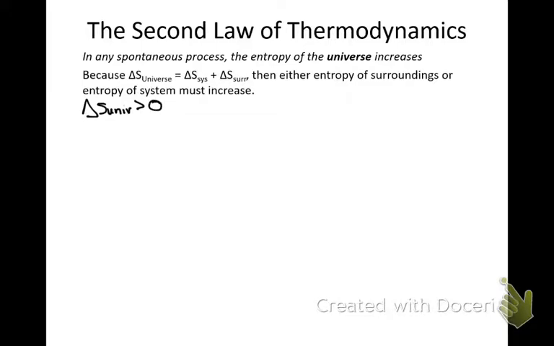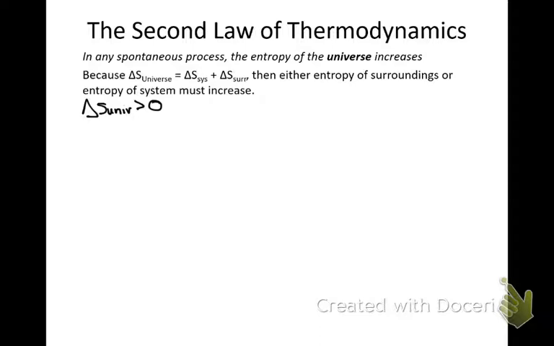We also say that since delta S of the universe is the sum of the system and the surroundings, in order for entropy of the universe to increase, that must mean that either the entropy of the surroundings or the system is increasing, or maybe both, and that any decrease in one has to be counterbalanced by an increase in the other.